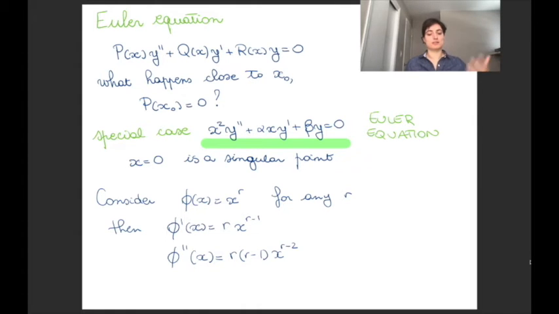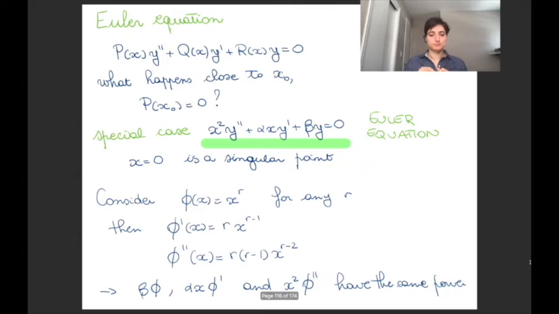The second derivative is something times x to the power r minus 2. And with the multiplications that we have in the ODE, at least the order is correct. They have the same power of x. Beta times x to the r, alpha x times x to the r minus 1, and x squared times x to the r minus 2 all have the same powers. So maybe if we approach this Euler equation by just assuming that y has this form, we'll be able to find the powers of x.